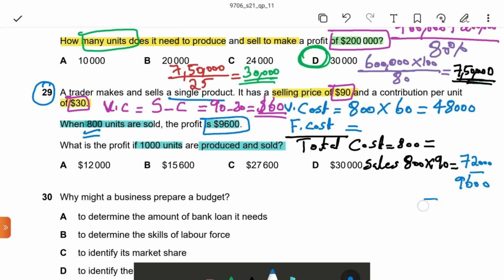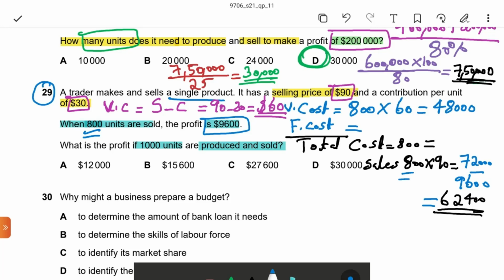So what is the total cost? Total cost is 72,000 minus 9,600, which is equal to 62,400. This is the cost to produce 800 units. This is clear? Selling price minus profit is equal to cost.